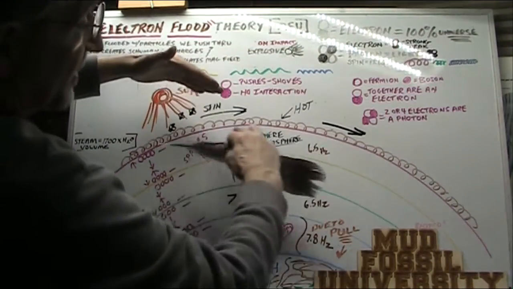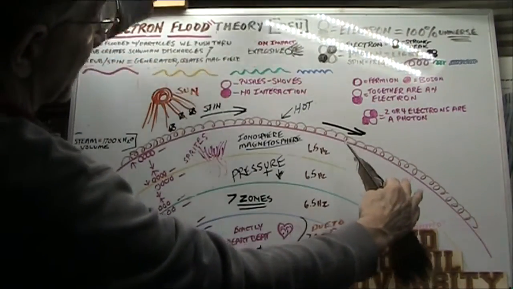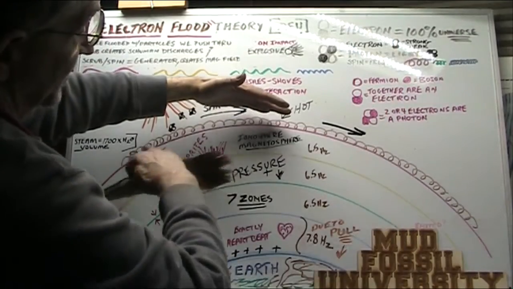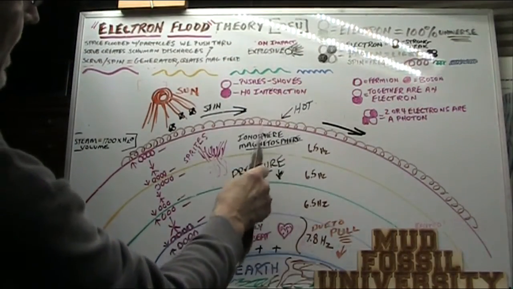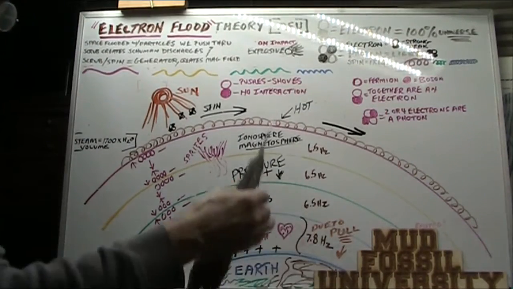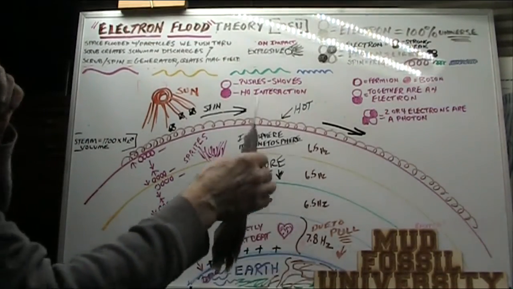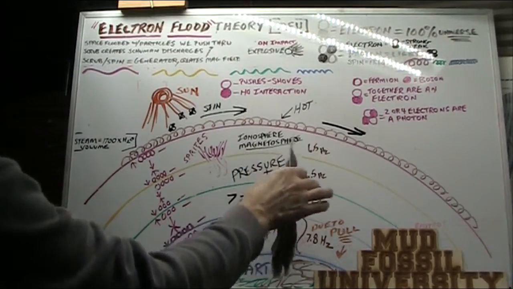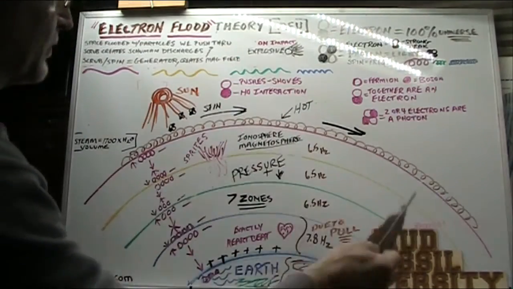So we're scrubbing our atmosphere against these particles that are crashing against us. And it's extremely hot out here, and it creates a lot of electrical discharge. It's called the ionosphere. And then you have the magnetosphere, and that's what creates the magnetism.